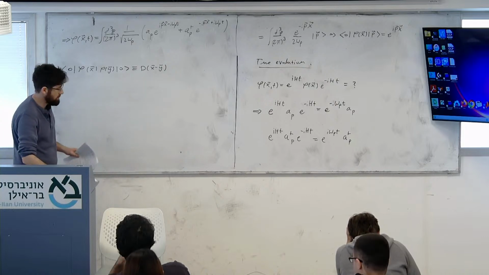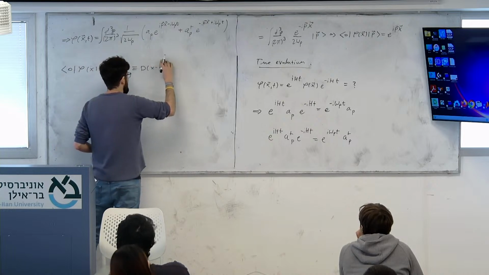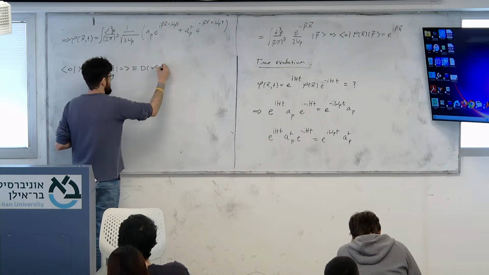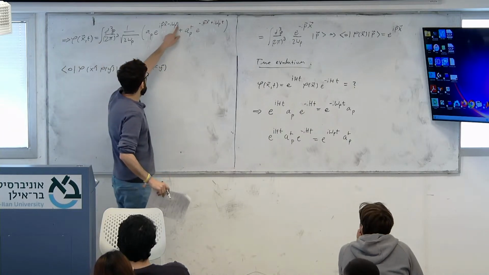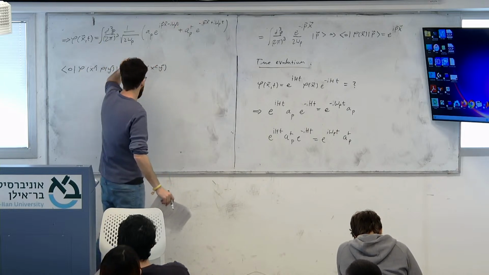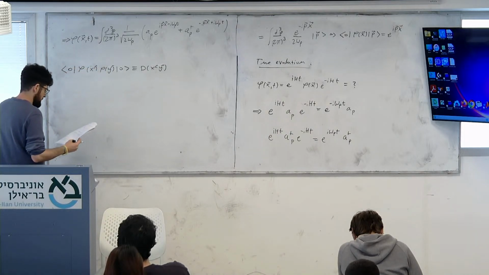Let's say these are 4-vectors. What I mean by 4-vector is that I evolve both in x and t, and say y and t prime.